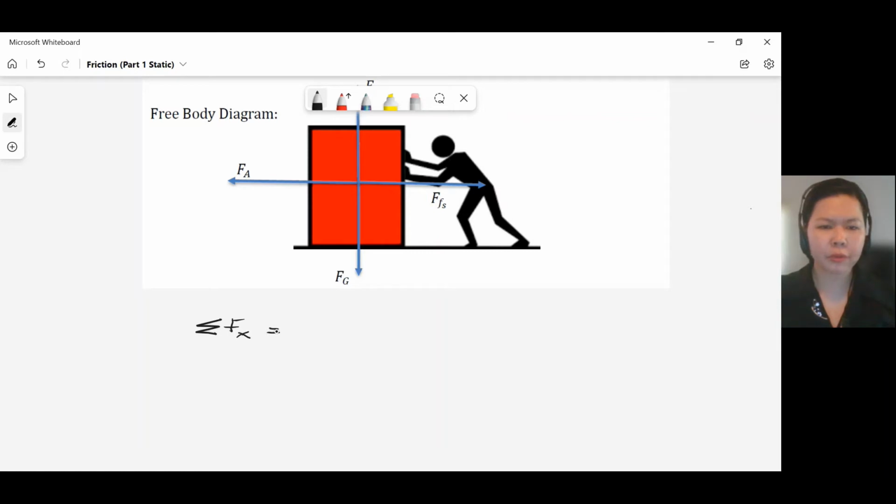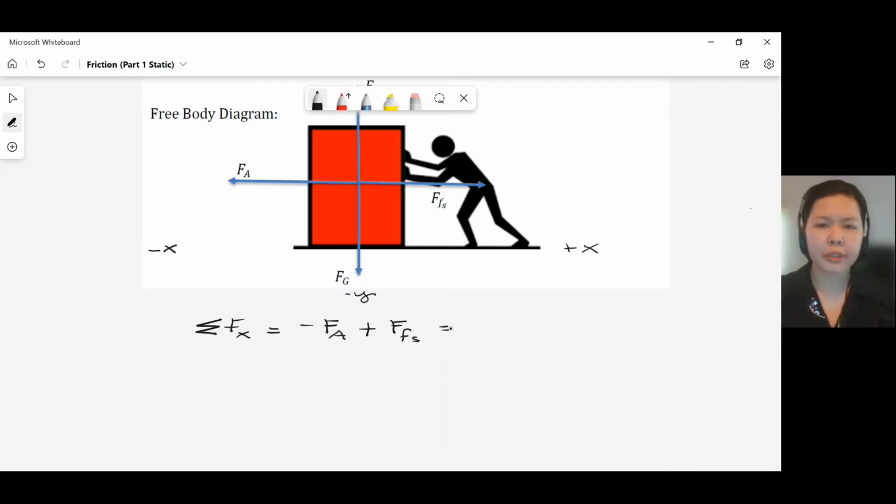Summation of Fx, forces along the x, we have negative Fa plus Fs. We stick to our sign convention that to the left is negative and to the right is plus x. Down is minus y, up is plus y.